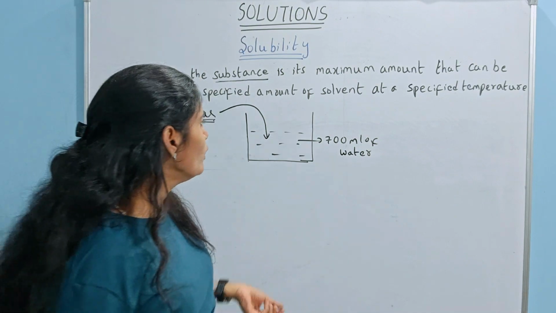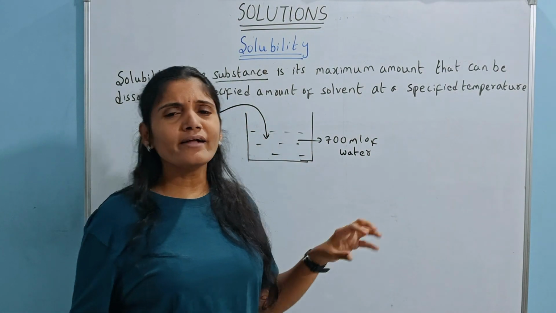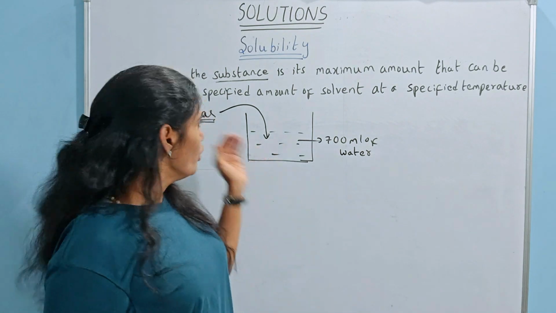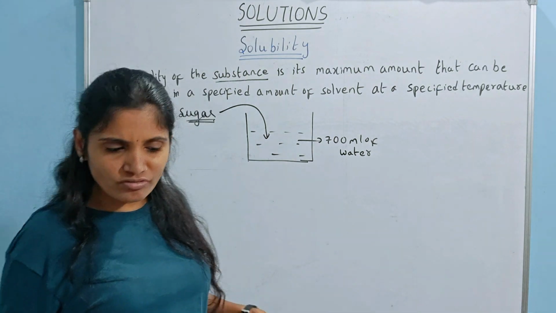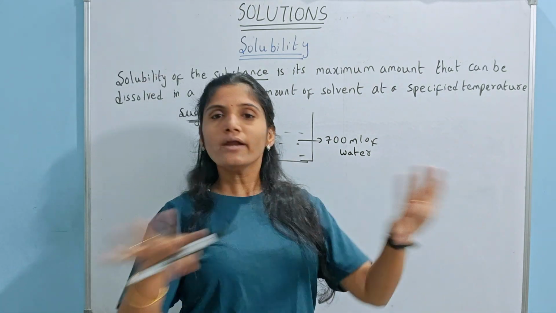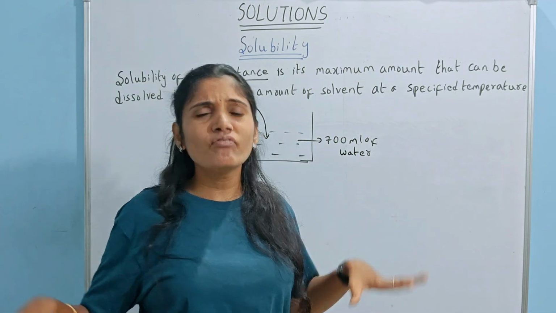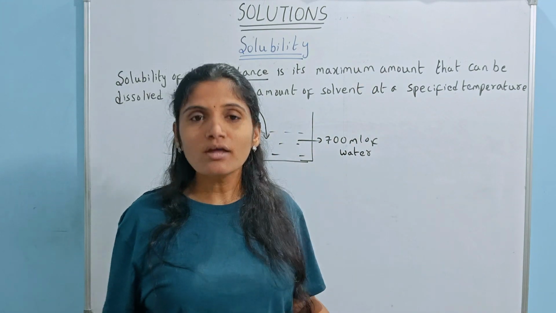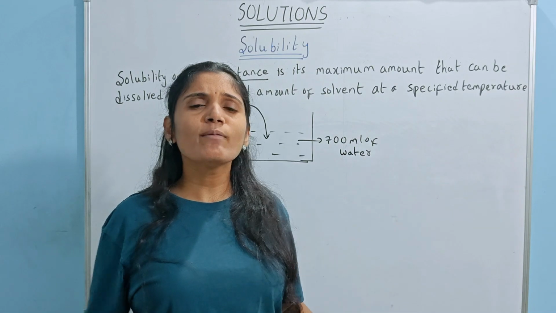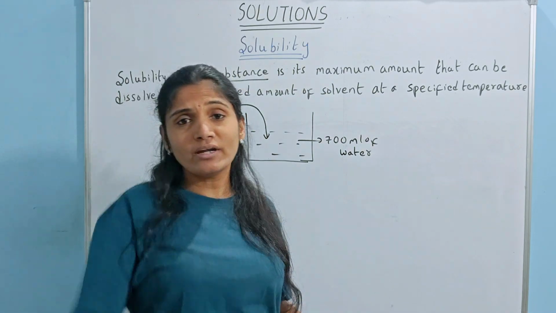The logic you people know is that the solvent particles have intermolecular spaces. Whatever solute you are adding goes and occupies the intermolecular spaces. At some point, all the intermolecular spaces get completely filled. Now if you are still adding any solute, here sugar, the solvent will no longer be able to take the sugar.